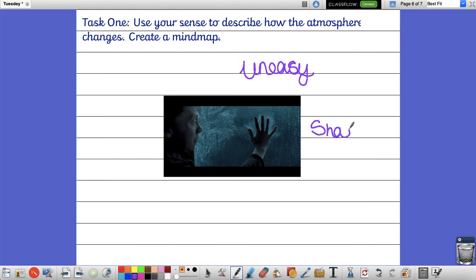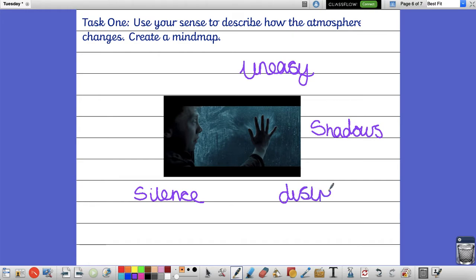You can't quite make out all the time actually what you are seeing. So I'm going to write the word shadows. I'm also going to use the word silence because actually there's quite a lot of quietness in this part of the film. Not a lot of voices can be heard, only minimal sounds are there. And I'm going to write the word distress.